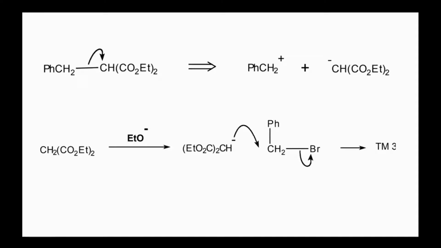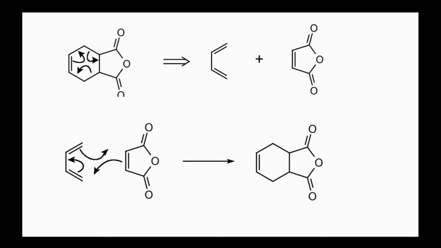Okay, let's move on to the next example. This is a retrosynthesis of a Diels-Alder reaction. Whenever you see a cyclized compound, you must give a thought to using the Diels-Alder strategy. So it's a cyclization reaction. It's concerted. It undergoes via a concerted mechanism.